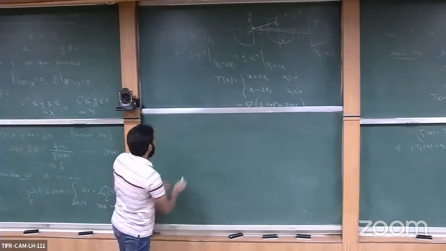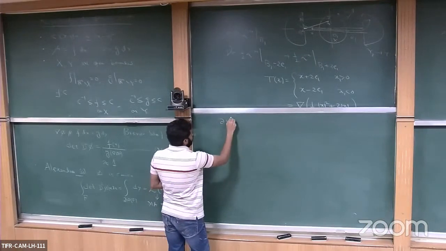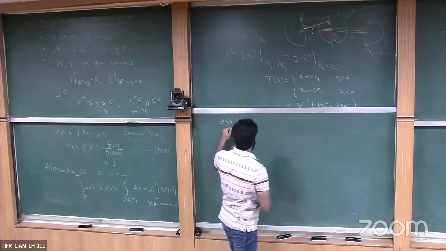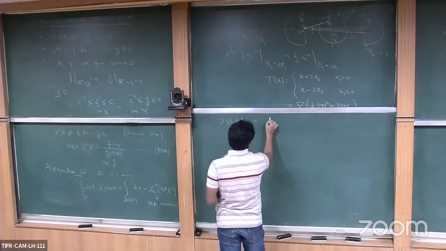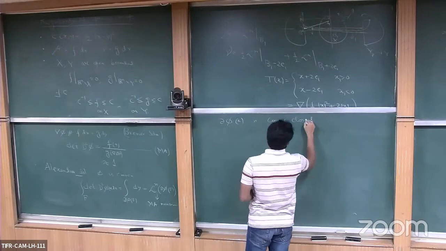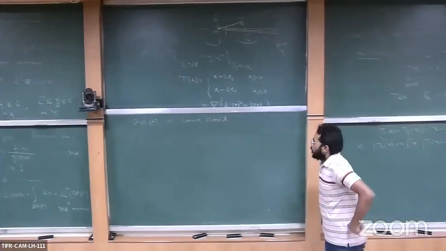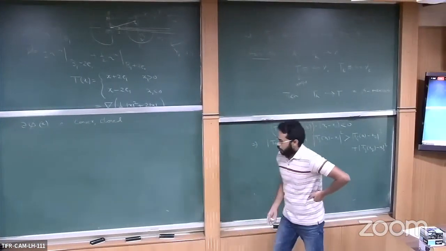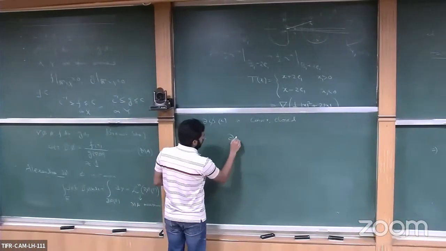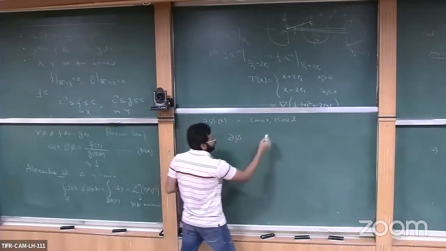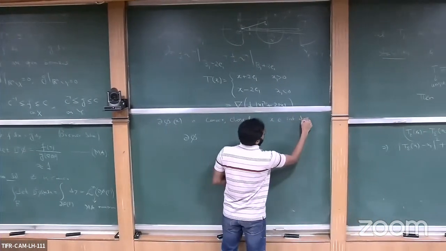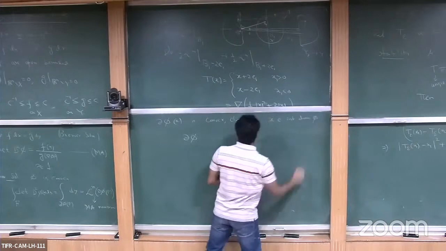So see, by definition, the subdifferential of a convex function is a convex closed set. So if you want to compute the subdifferential, assume that x is an interior point of the domain of φ.